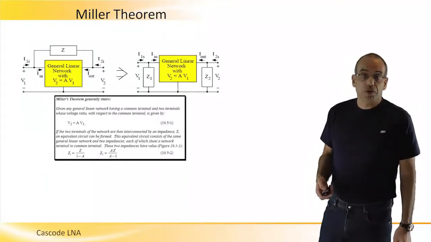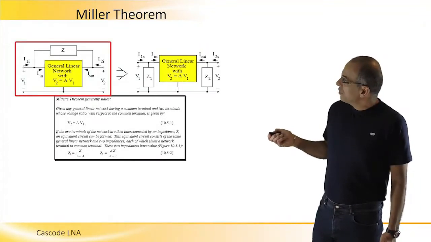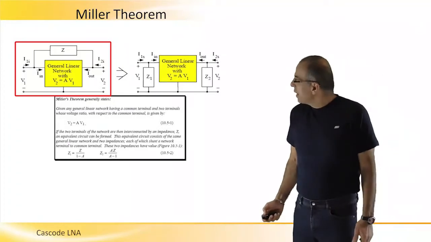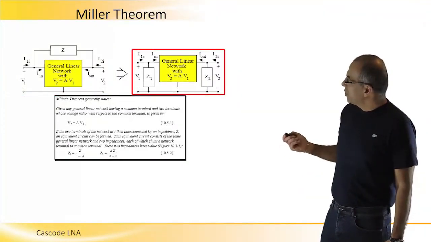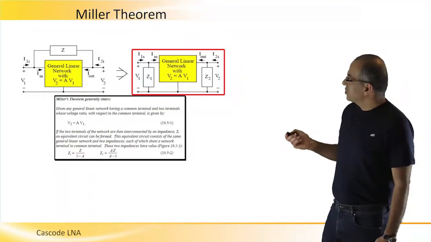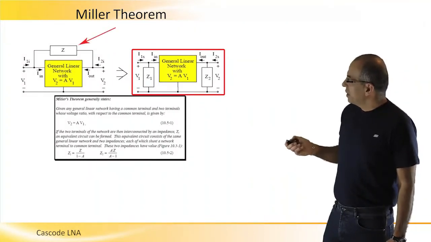The Miller theorem is designed for voltage amplifiers. So we can see here a voltage amplifier with a feedback between output and input. And the Miller theorem tells us that we can replace this circuit with an equivalent circuit with the same voltage amplifier, but without the feedback.